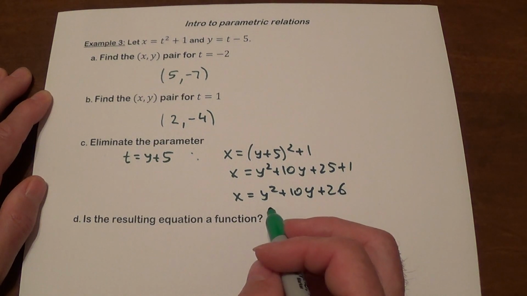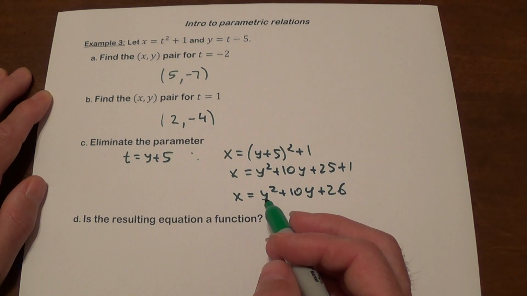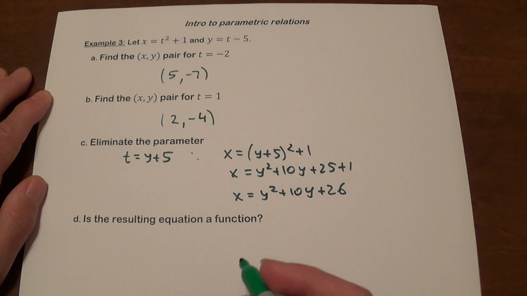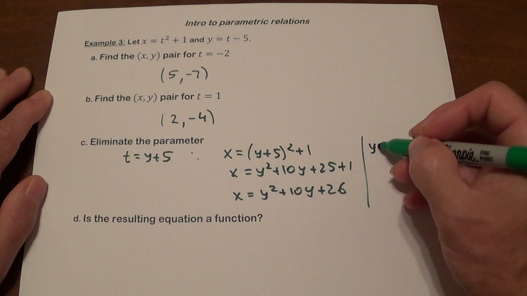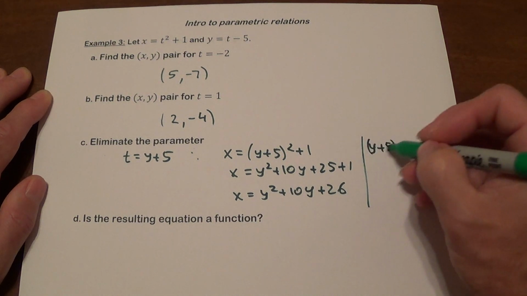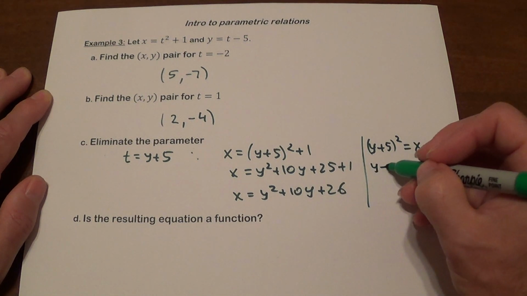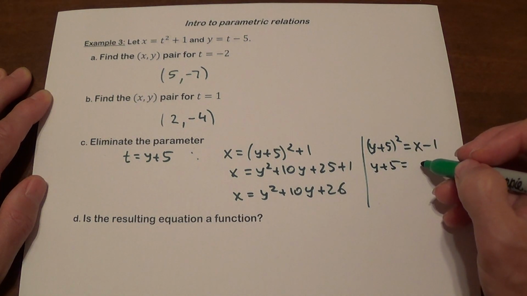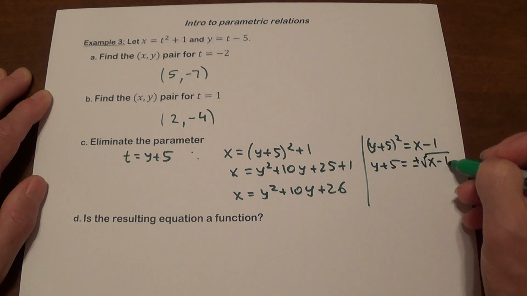This does not represent y as a function of x. Well, there is a way to solve this equation for y, but when you try to do that, let me do that on the side here. Before I expand, we have y plus 5 squared equals x minus 1, which is y plus 5 equals plus or minus the square root of x minus 1.